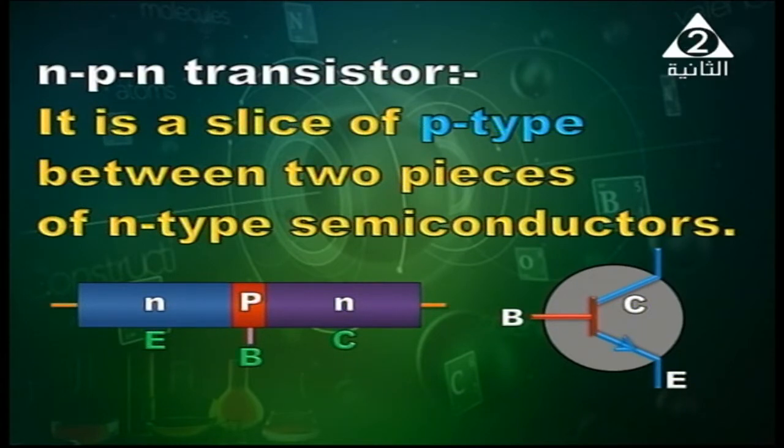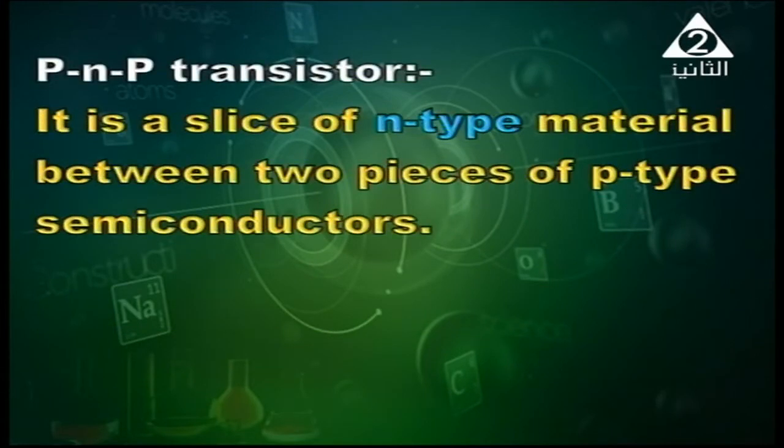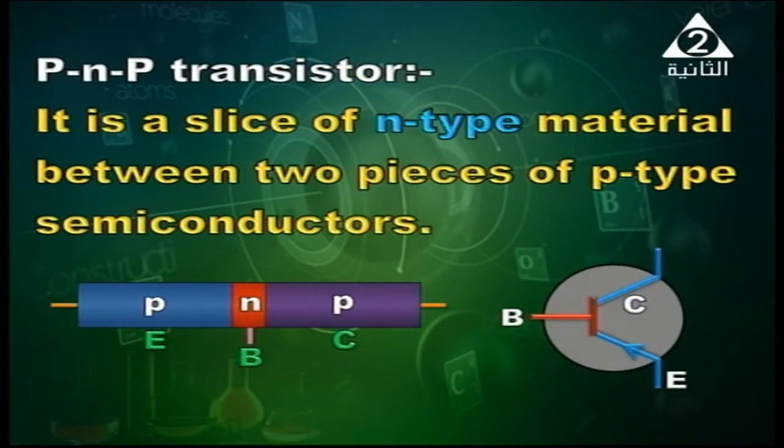This is the first type of the bipolar junction transistors. The second type is the PNP transistor, and it is a slice of N-type material between two pieces of P-type semiconductors. And what about its symbol? Note the direction of the arrow is reversed.